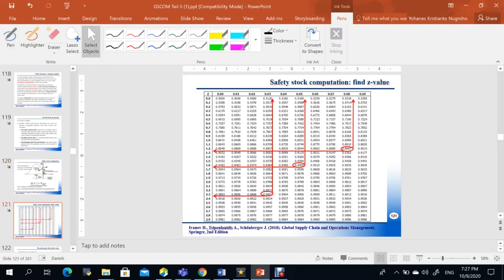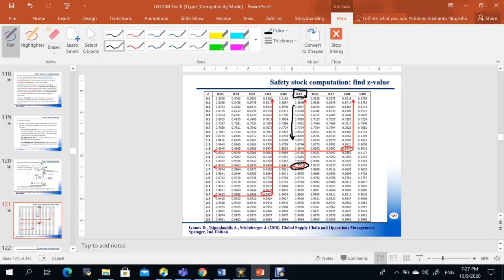And then we have the following table. Alright, let's say we have a 95% service level and 5% risk of stock out, and then we start from here. We know that the risk of stock out is 5%, and we start from the cell at the uppermost row, and then we move downward until we find a value nearest to 95%, and therefore this number.